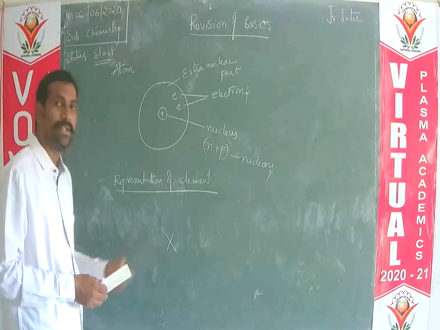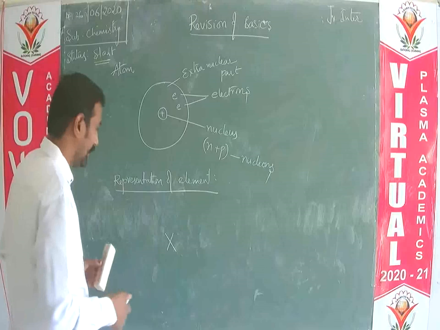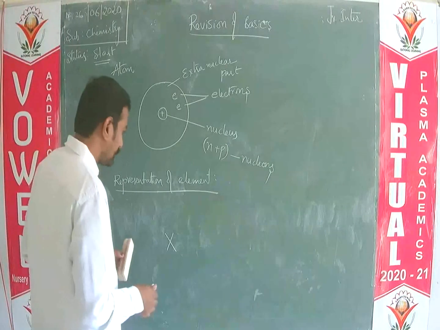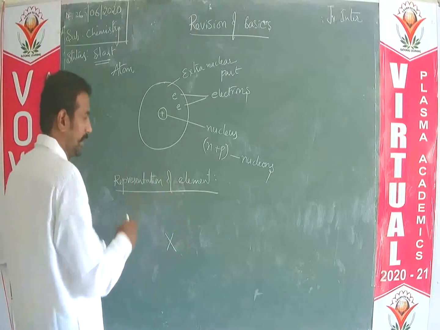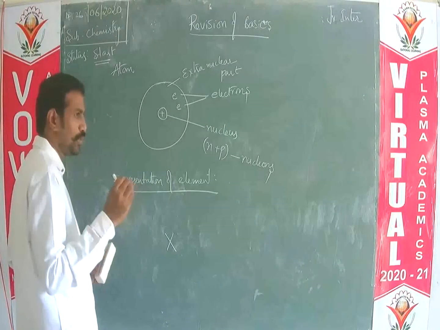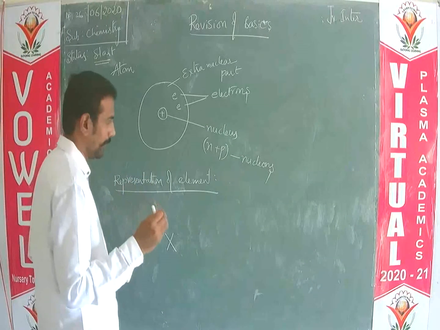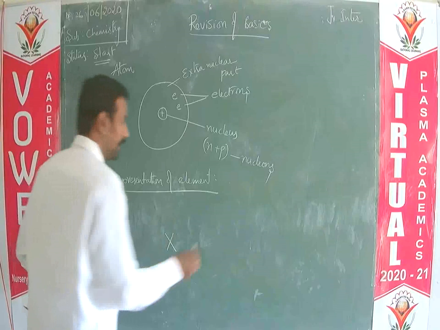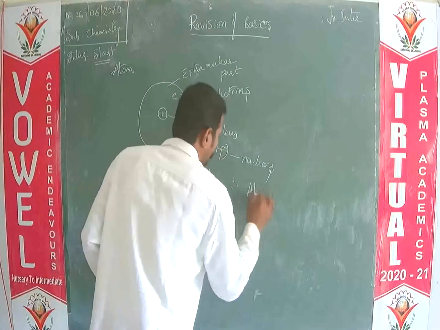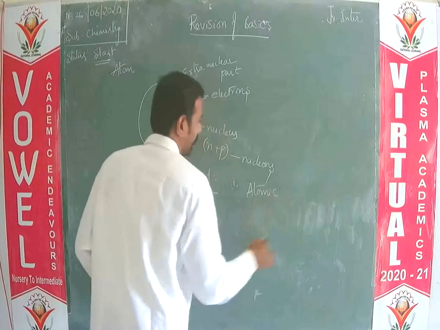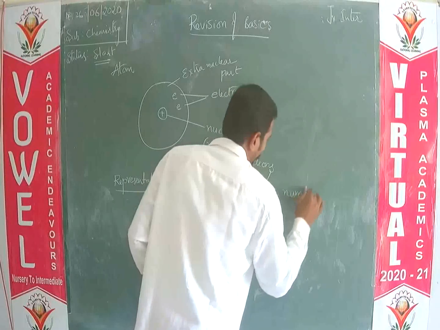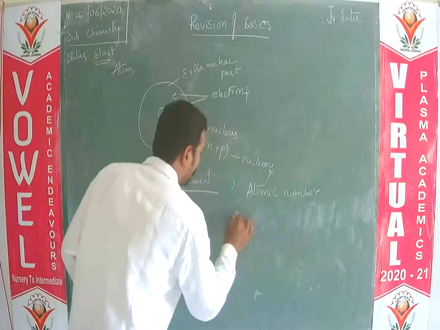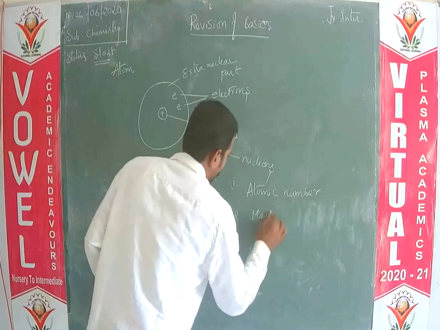And in order to represent this element, we have to know two more terms. One is atomic number, and second one is mass number.